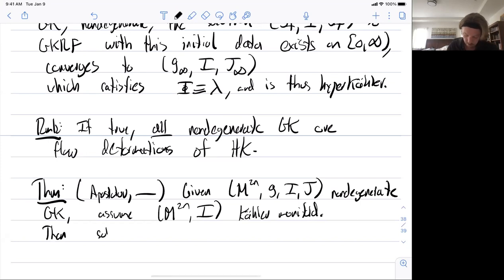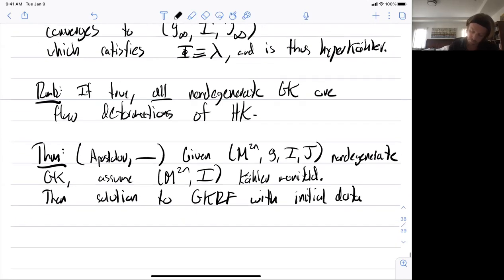Then the solution to generalized Kähler-Ricci flow with the given initial data does indeed exist for all time.